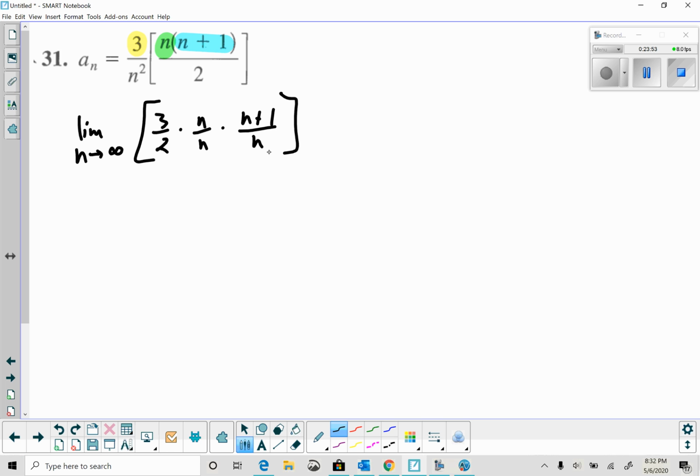Let's put some nice brackets around it. So this is the limit as n approaches infinity of 3/2 times 1 times, and with a little bit of algebraic voodoo, n over n is 1, and 1 over n becomes a nice little fraction there.